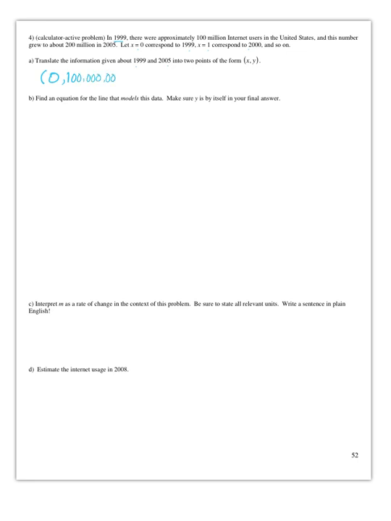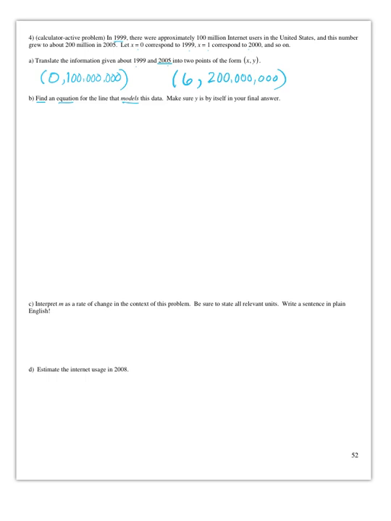The other time we're given is 2005. That's 6 years after 1999. So 6 years later, we now have 200 million internet users. So again, we're going to find an equation for a line that models this data.